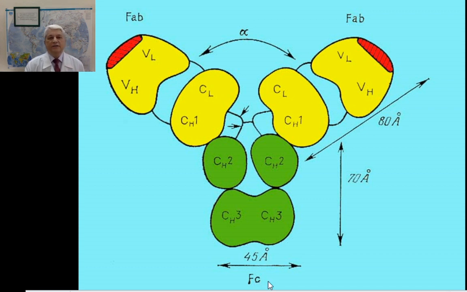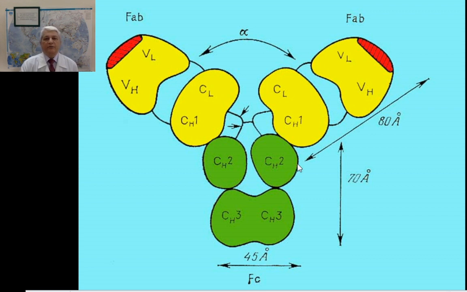Also it is clear, it is the FC fragment, FC part of the molecule of immunoglobulins. This is the hinge region. This line shows a disulfide bond, and as this hinge region is the flexible part of the immunoglobulin, you can simply understand that this angle alpha can be different because these FAB parts can move up and down, up and down.